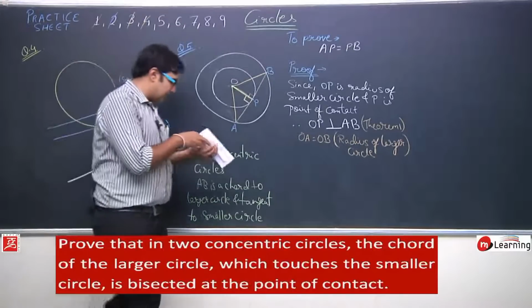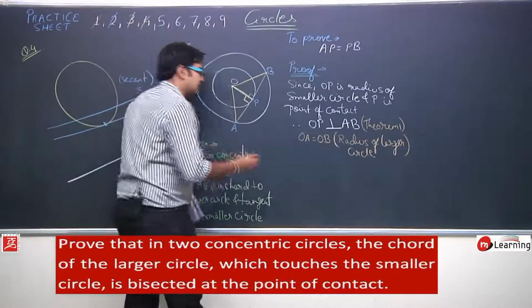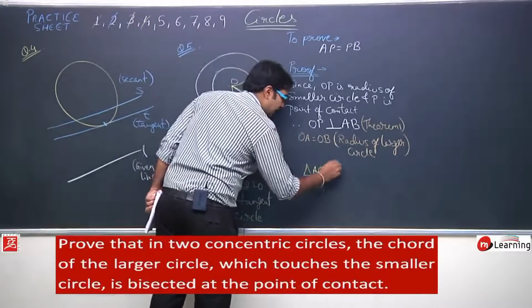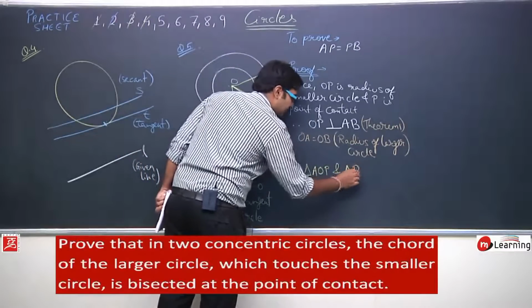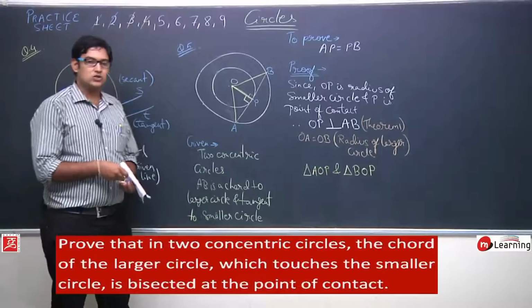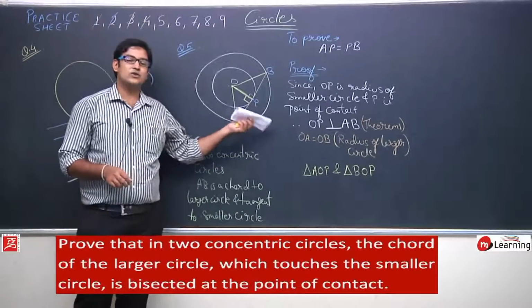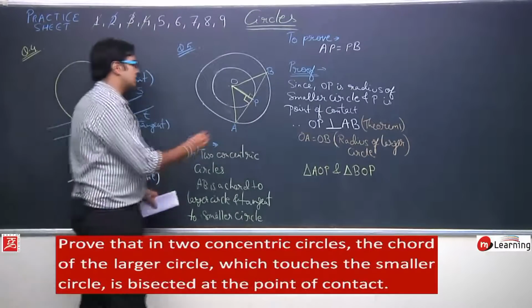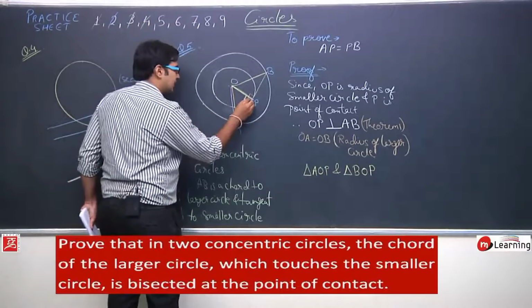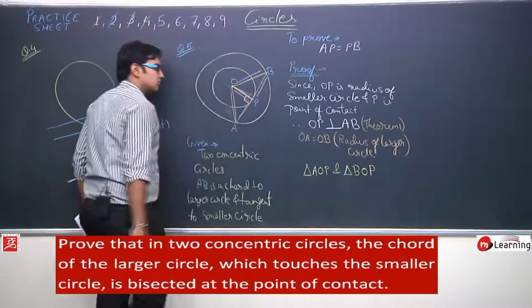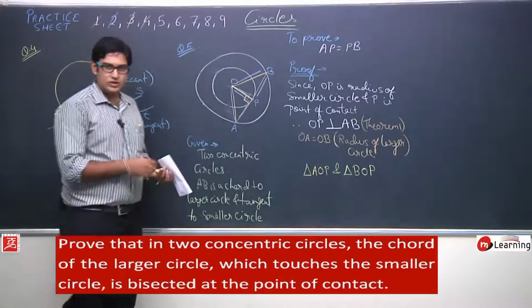You can very clearly observe two triangles: triangle AOP and triangle BOP, the two triangles that you can observe in the figure. Let us mark the two triangles. This is the first triangle and this is the second triangle.